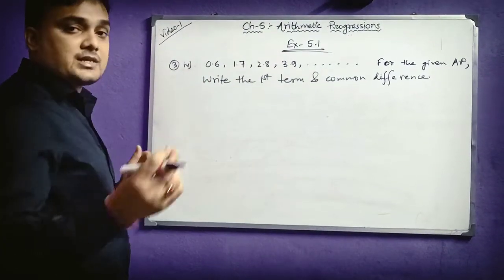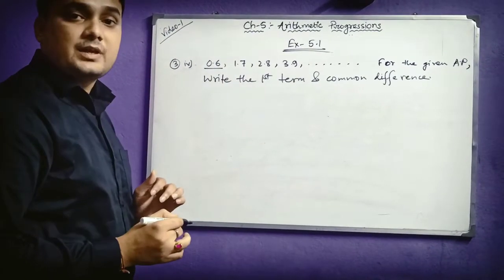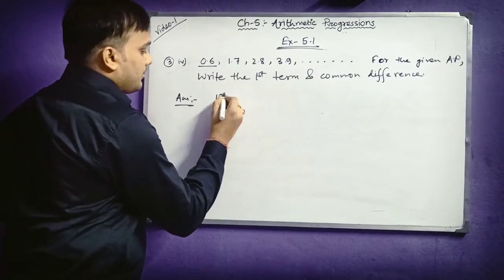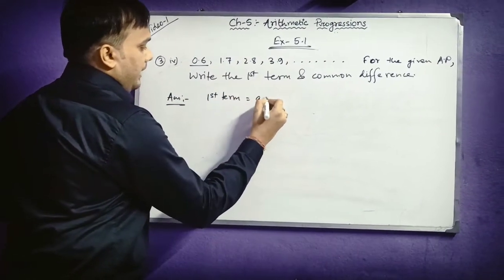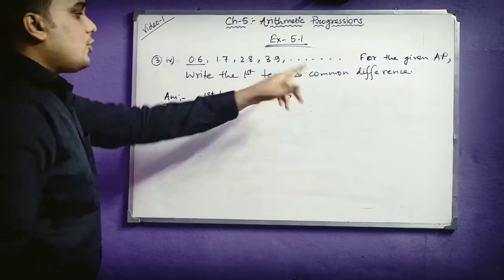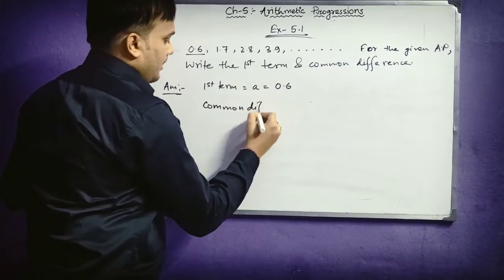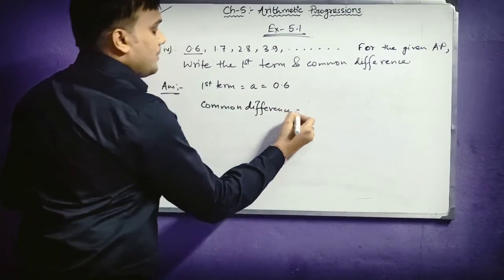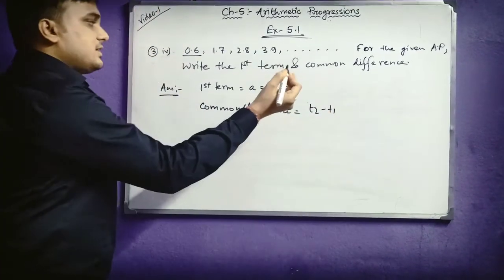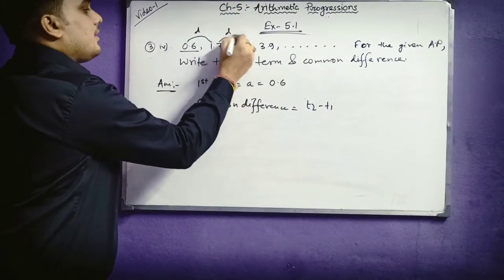You can see, as I have already explained just a few minutes before, that the first term is the first number itself of the given sequence. So here we will say that the first term is A, that is equal to 0.6. Okay, and the common difference is equal to, you can do T2 minus T1, because it is in AP, the common difference between every number will be constant only.